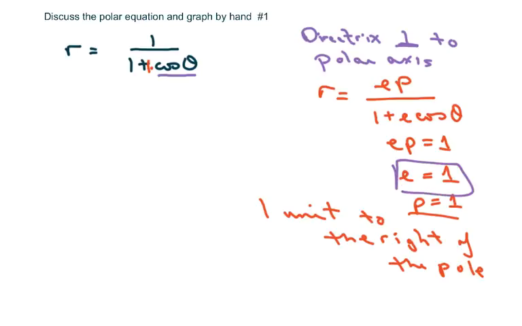If e equals 1, it means it's a parabola. Okay, so now we're going to graph it on the next slide, and we know that it's 1 unit to the right of the pole, and it's perpendicular to the polar axis. So let's graph it.